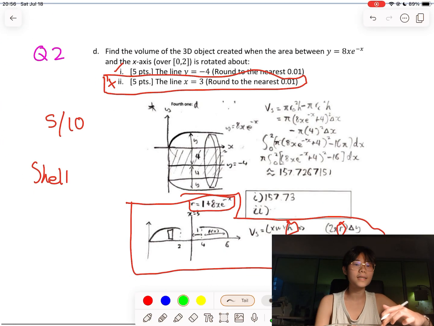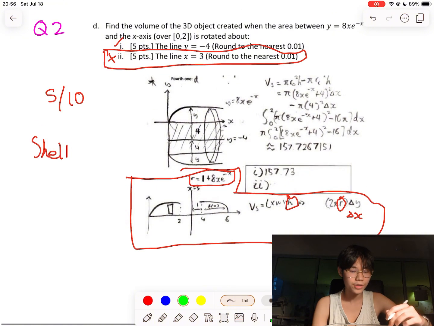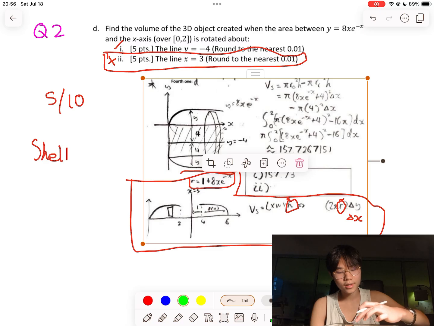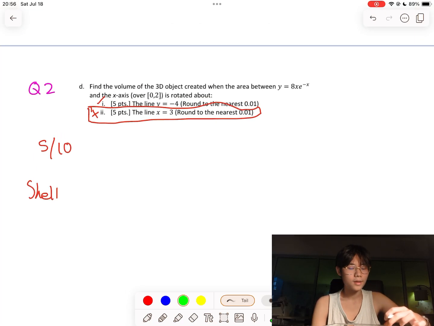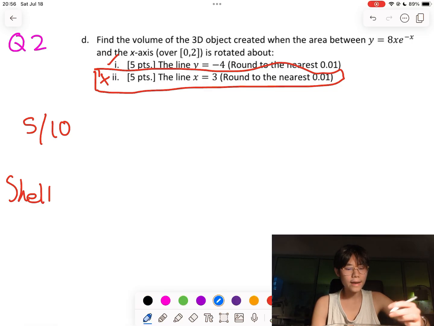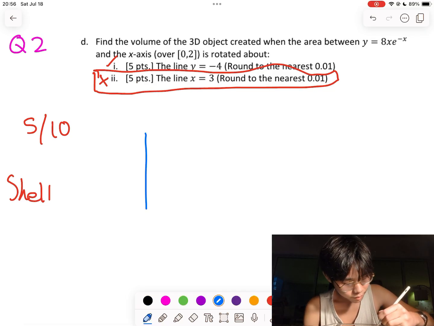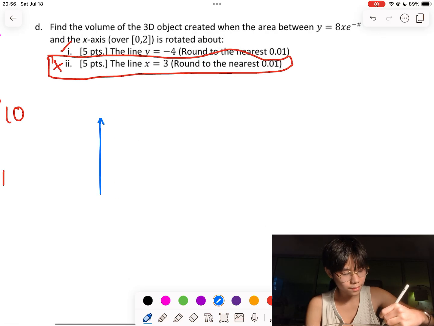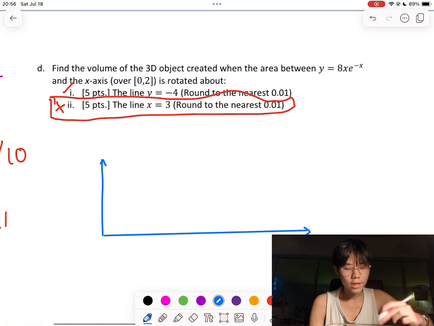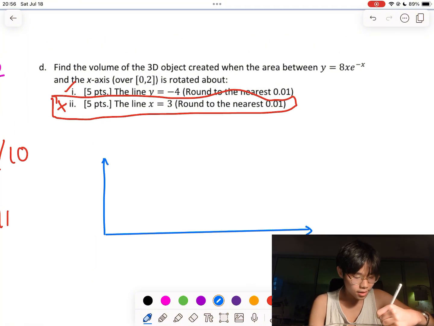And so let's get into how we can solve this question. To do that, I'm going to just erase this. All right. So let's first draw the diagram. This is the graph, and 8x e to the power minus x goes something like this.